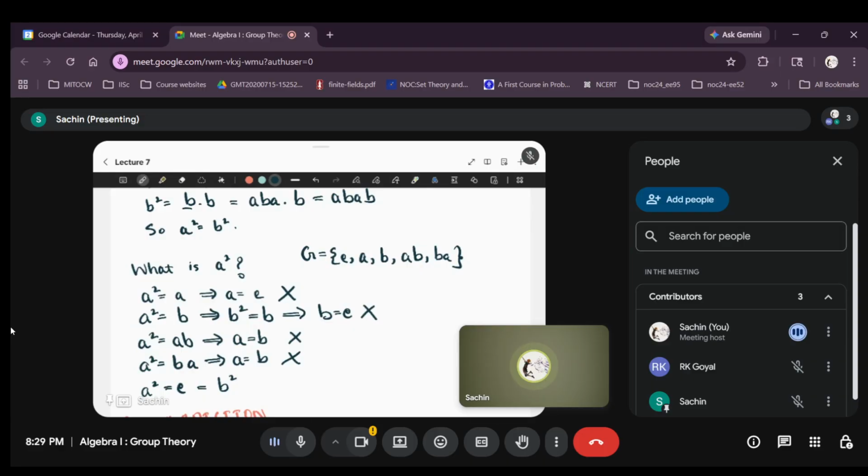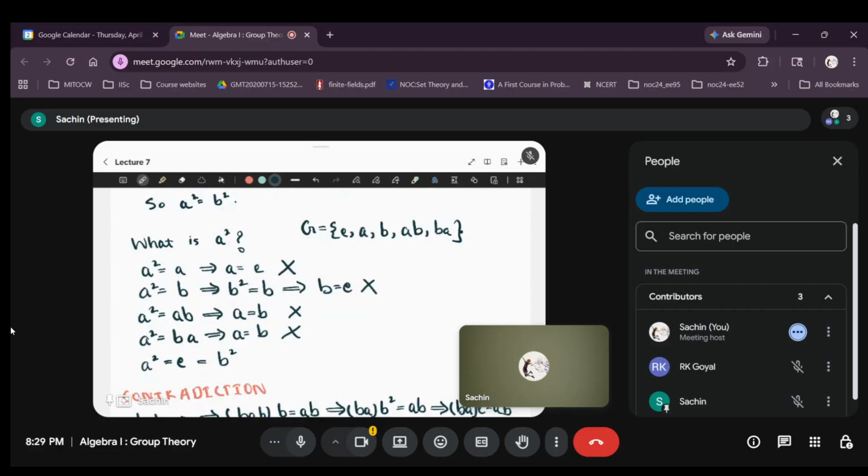I'm not saying that for all orders greater than 5, it is not possible to have an abelian group. That's not what it means.